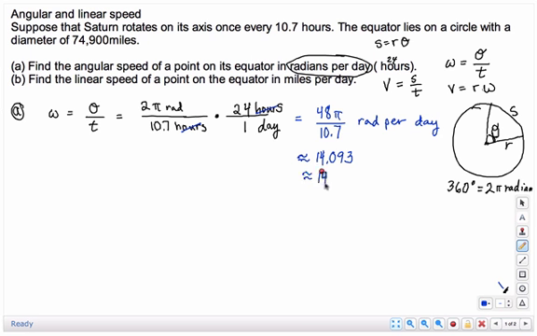So this is about 14 radians per day. So the angular velocity is 14 radians per day, and that's the first part.